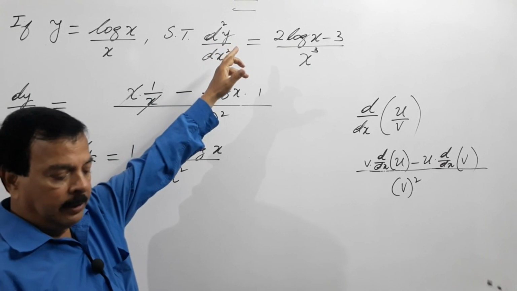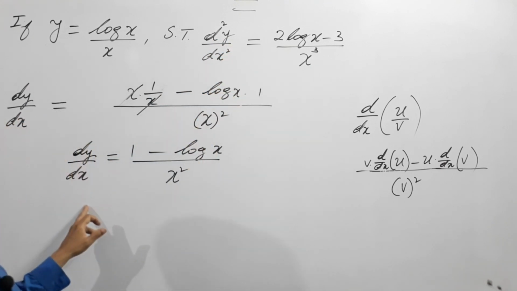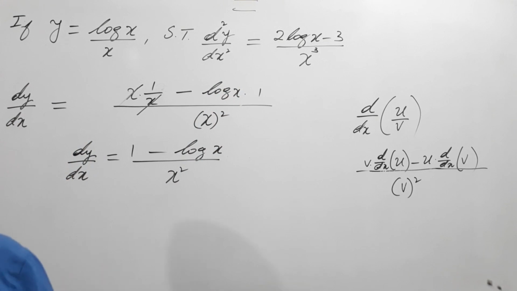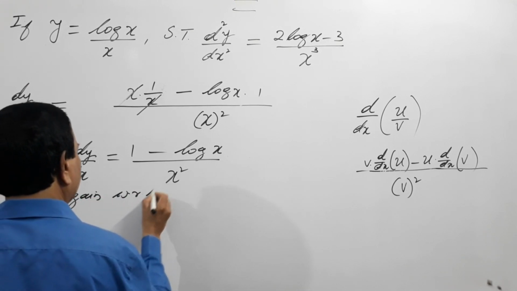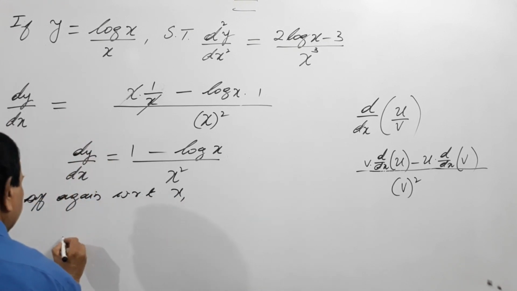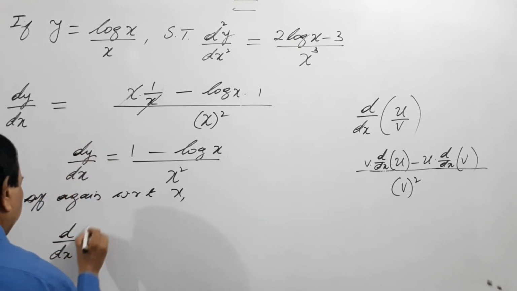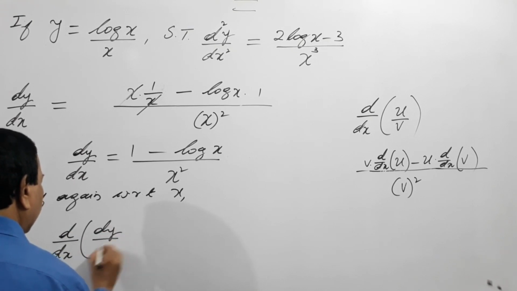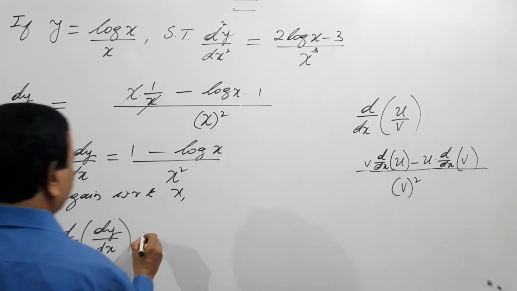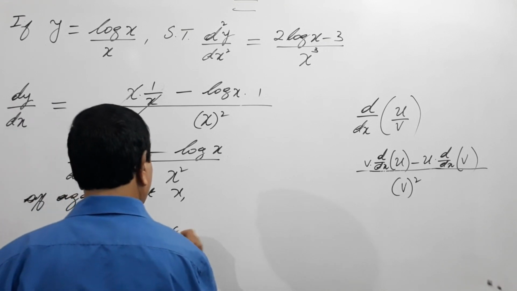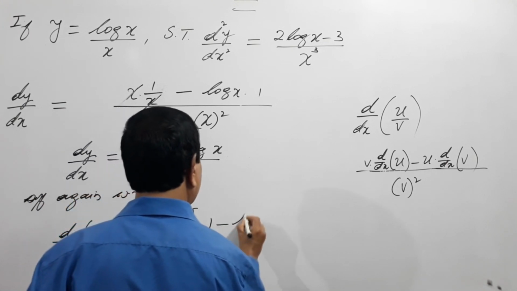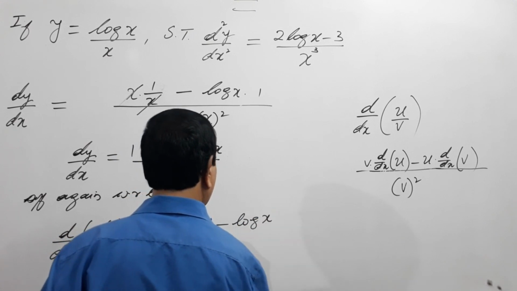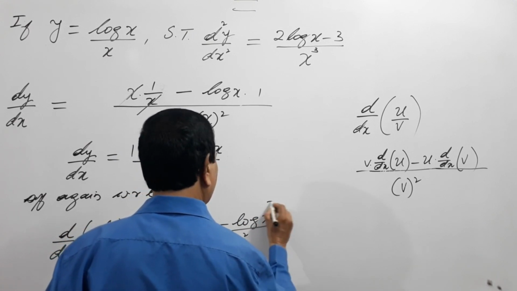Now he wants d square y by dx square, which means you have to differentiate this once again. Differentiating again with respect to x, that is d by dx of dy by dx equals d by dx of (1 minus log x) by x square.